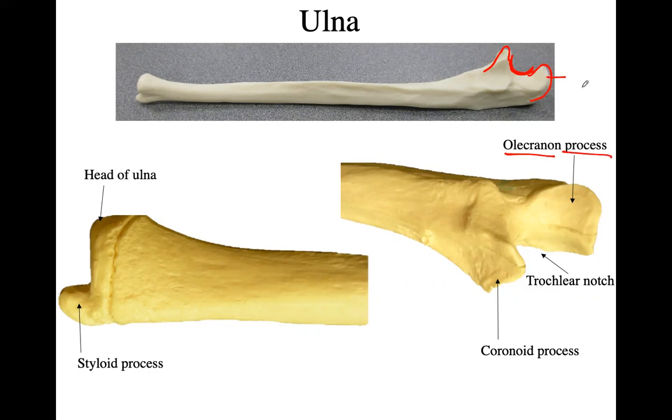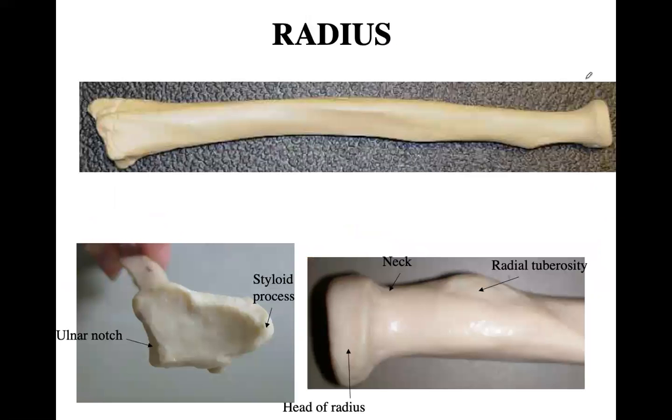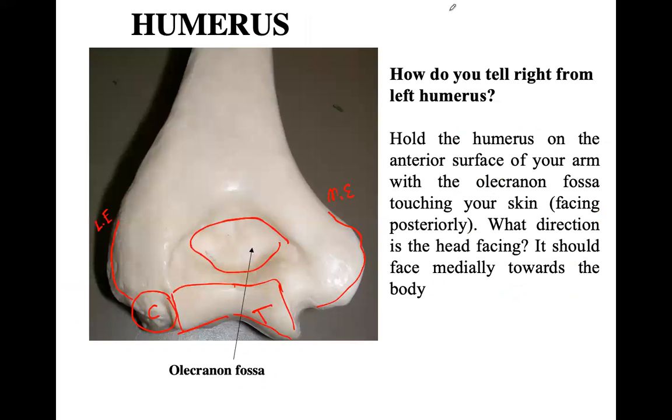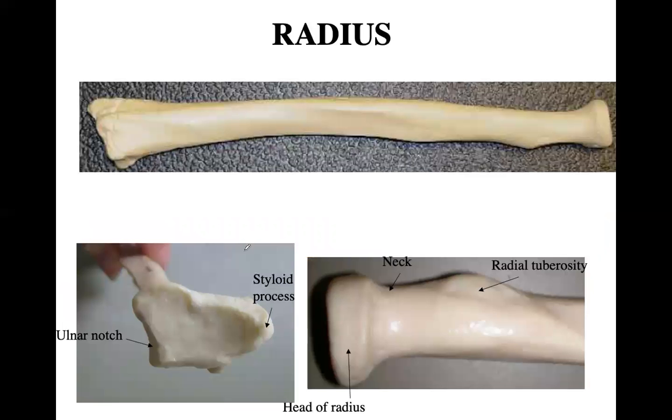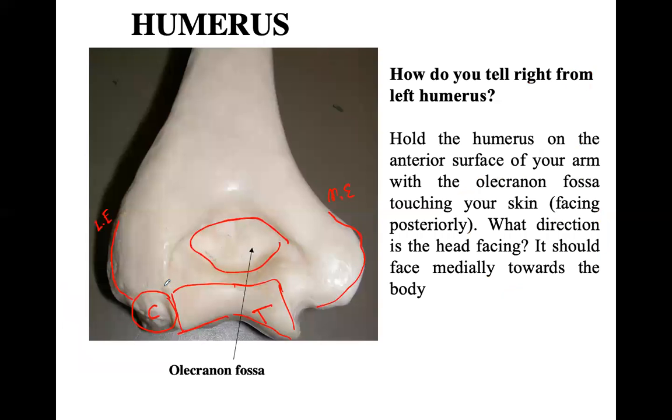So this is my olecranon process, which is going to fit into what? Into my olecranon fossa. So the olecranon process of my ulna is going to fit into the olecranon fossa of my humerus.